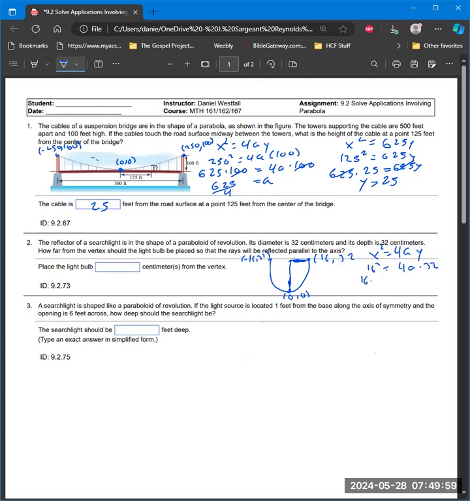So 16 times 16 over 32 times 4 equals a. If I simplify all that down, it comes out to 256 equals 128a, and I could have divided here, and a equals 2.